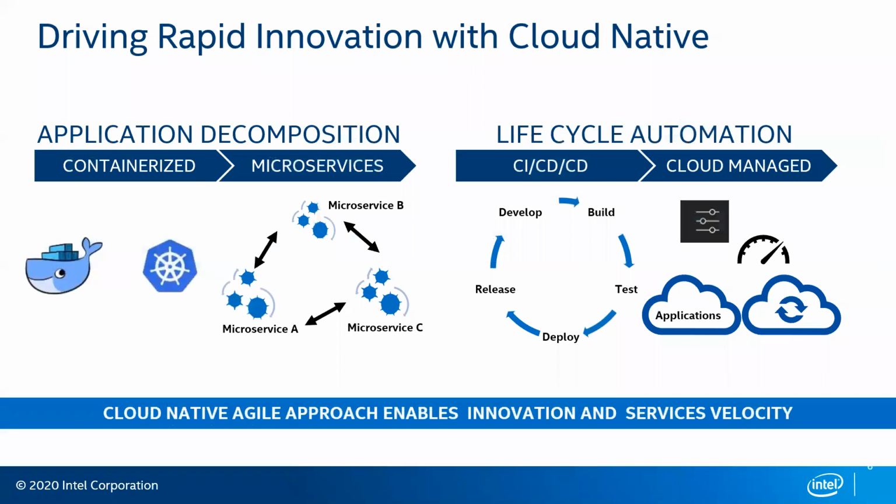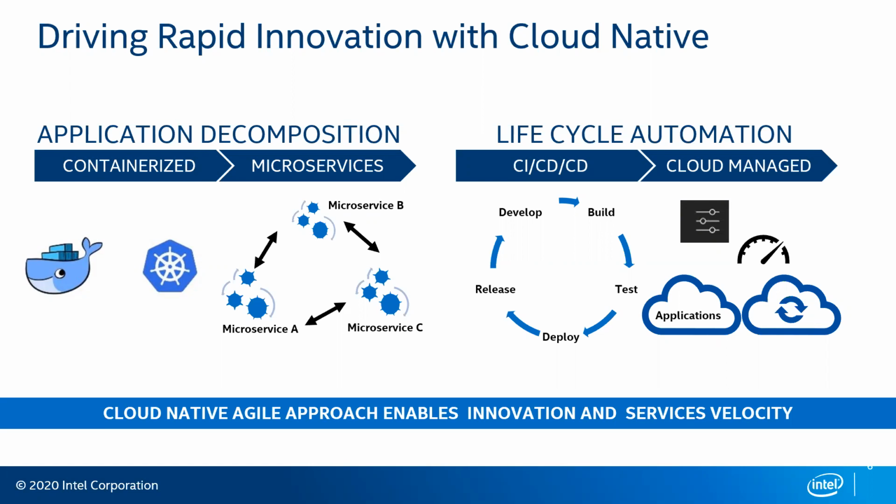And here is an actual example of how adoption of the cloud native principles actually helps us obtain our goal to introduce rapid innovation and service velocity. So first in mind is the application.